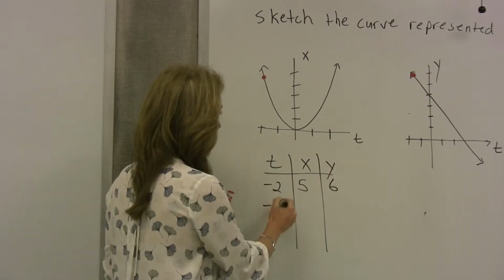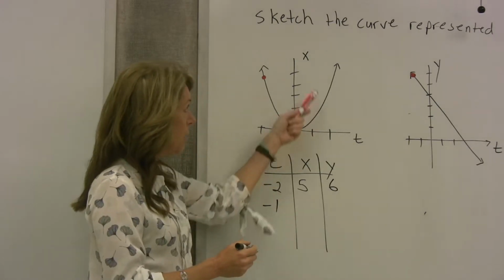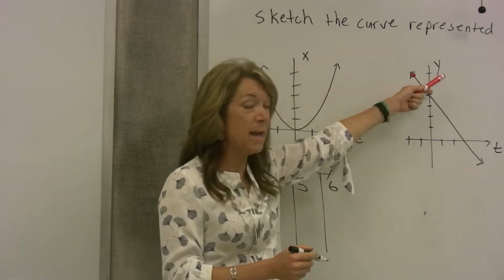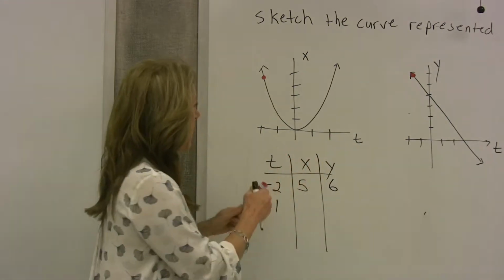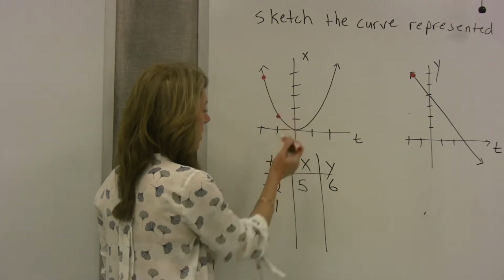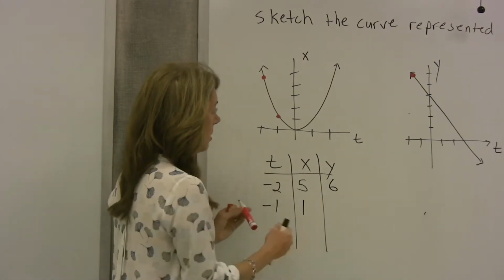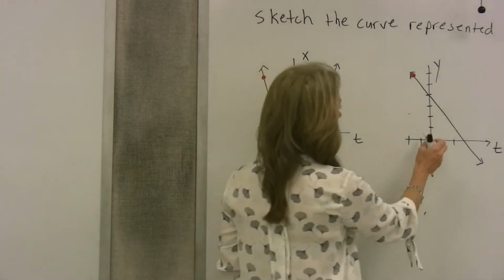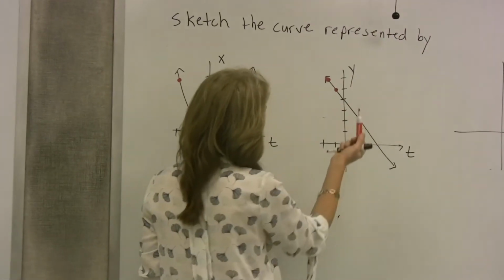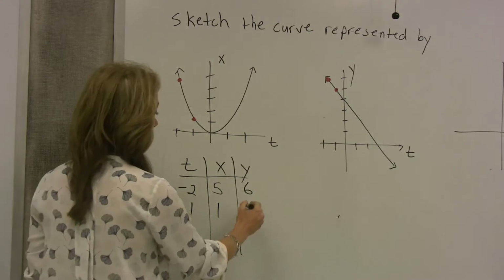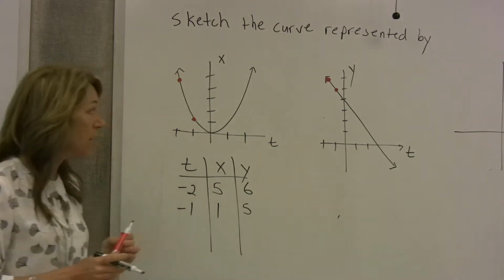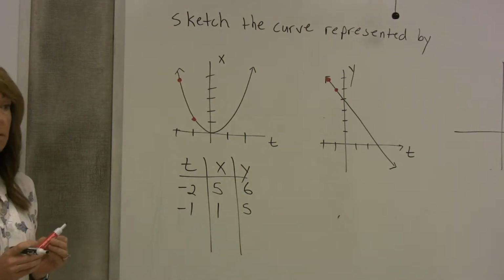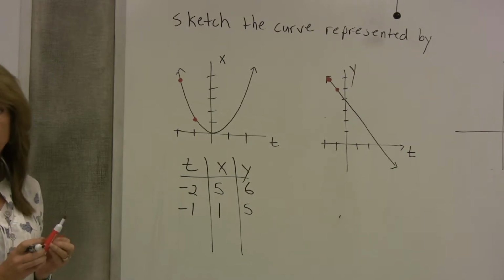What if we're at -1? At -1, to find the x, I'm looking here. To find the y, I'm looking here. So at -1, that looks to be about 1. And at -1 here, roughly 5. Scale is off, I think that's okay. See what we're doing there?